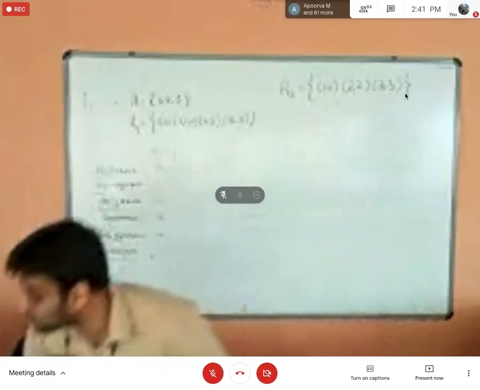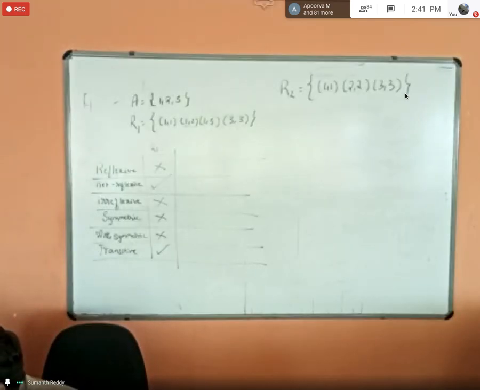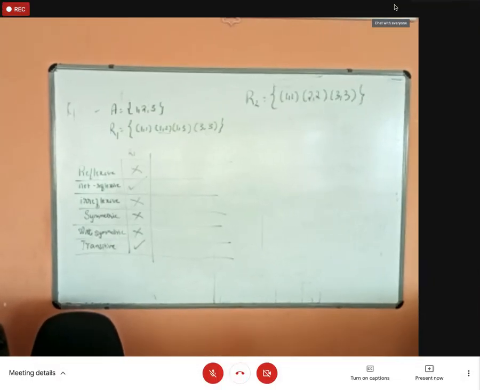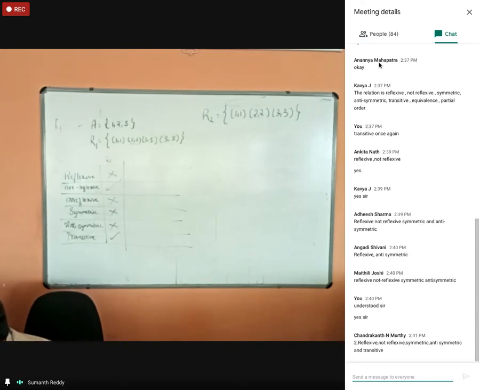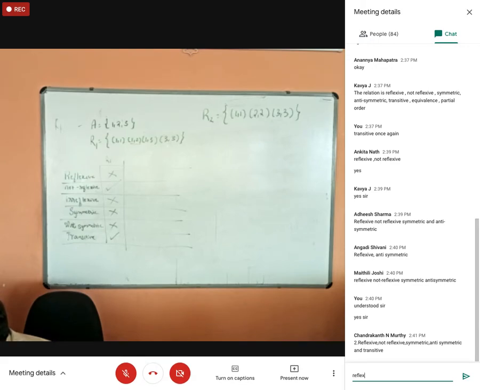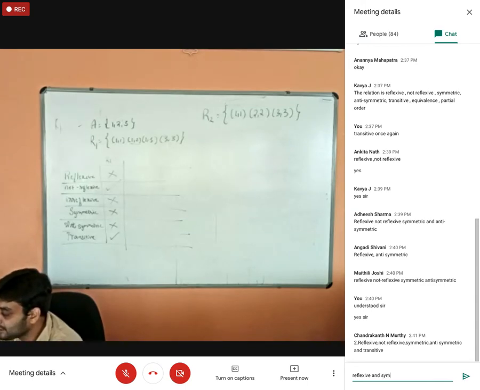Okay, so just see what are the answers that you have given for the second one. Reflexive, not reflexive, both can't be. Joshi, you have given reflexive, not reflexive, symmetric, antisymmetric, and you are telling it's not transitive. And Chandrakant, you are telling it's reflexive, not reflexive. Very good.